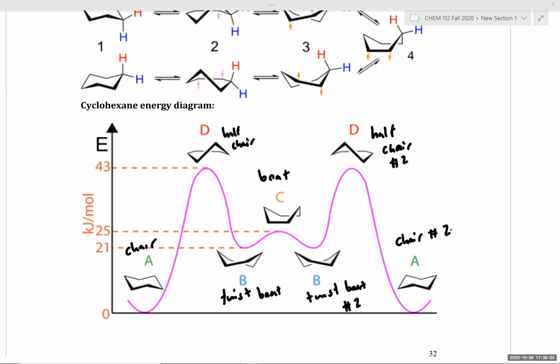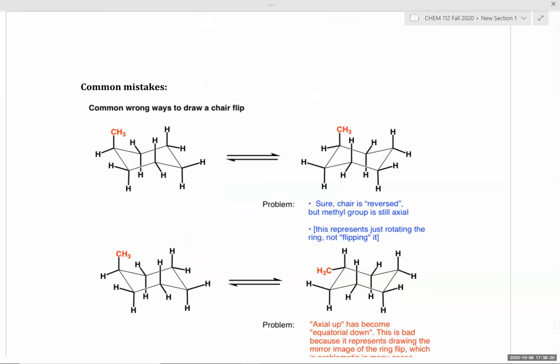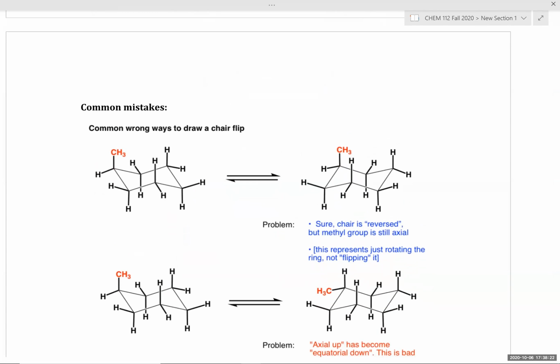So keep in mind, we can analyze the steric and torsional interactions in other cyclohexane conformations exactly as we've done for chair conformations. So let's talk about some common mistakes that are often seen when students draw a ring flip.